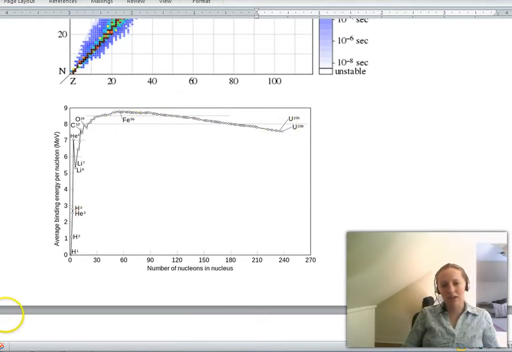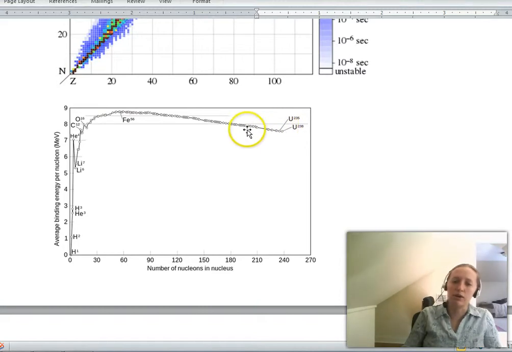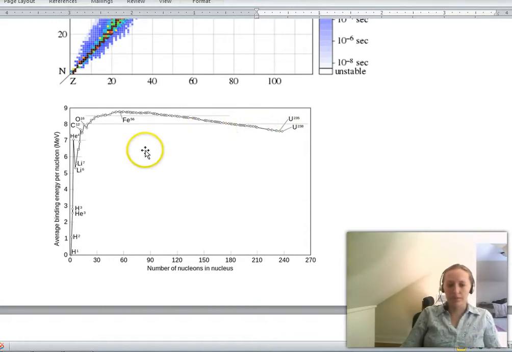So that indicates that you're going to be able to fuse these lighter ones, and that's what happens in stars. Hydrogen, helium, lithium, etc. Fusion is possible and gets energy out. Whereas with these larger ones, it requires an input of energy, and so they're more likely to undergo fission. You can have fission of these heavier elements and gain energy.